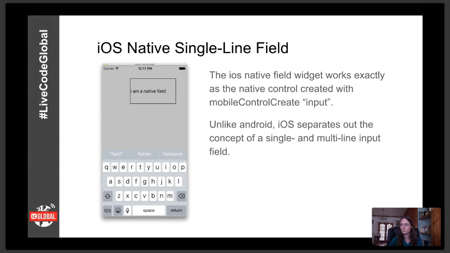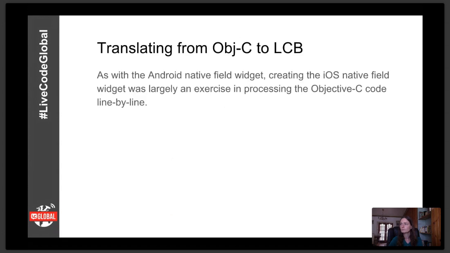On Android, you set the multi-line property. Again, as with the Android field, creating the iOS field is largely an exercise in taking the Objective-C and C++ code and translating it over to LCB.